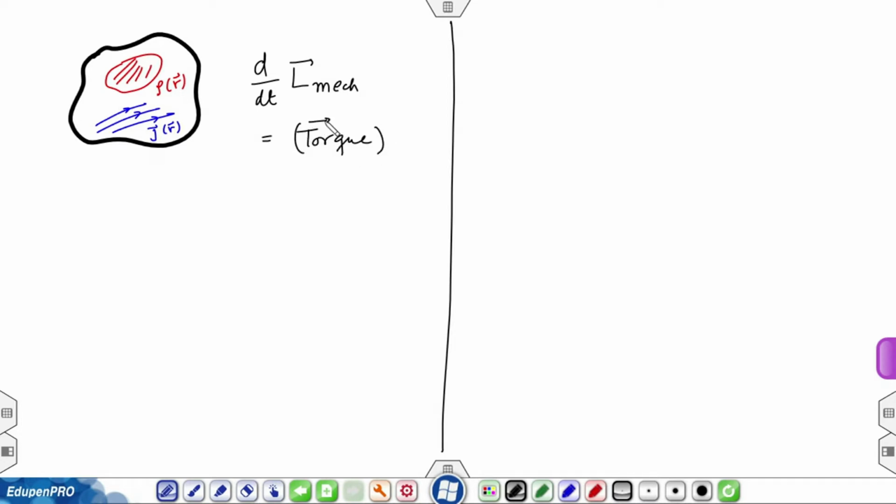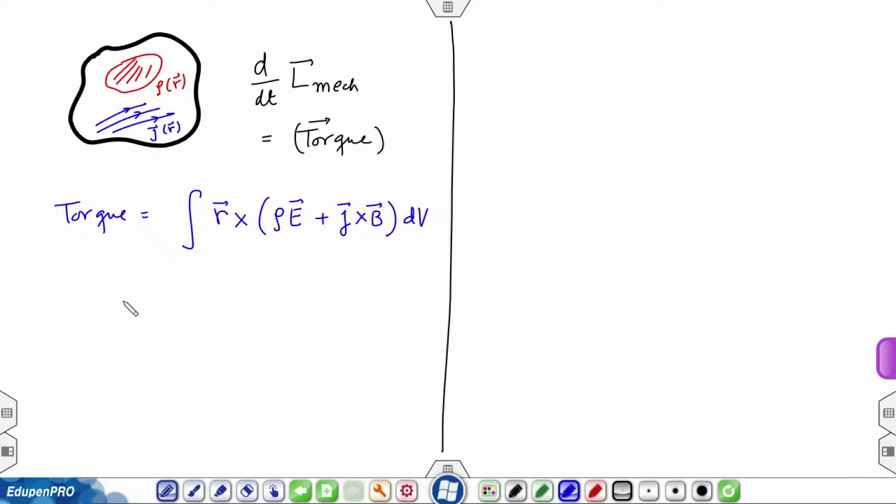Torque is a vector, where the torque will be equal to integral r cross rho E, the force due to electric field, plus J cross B, the force on the moving charges, integrated over dV.